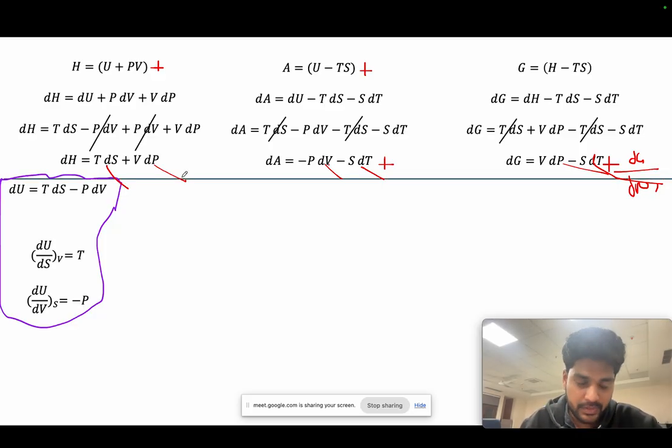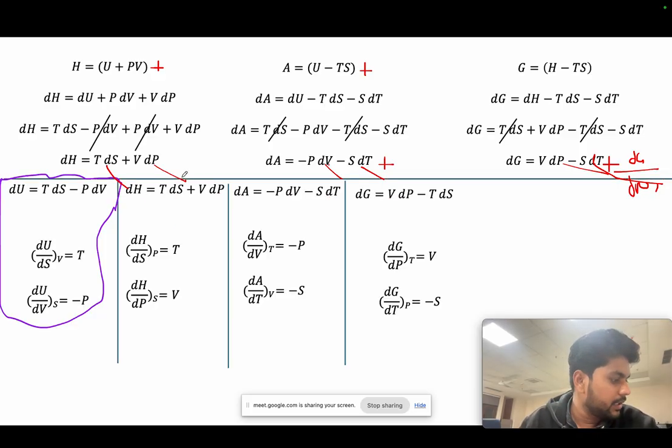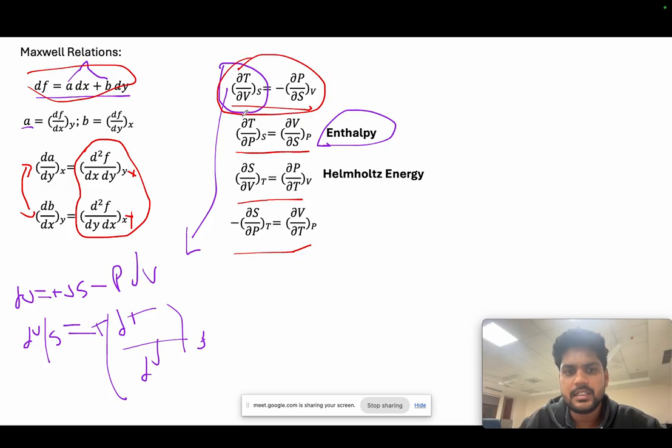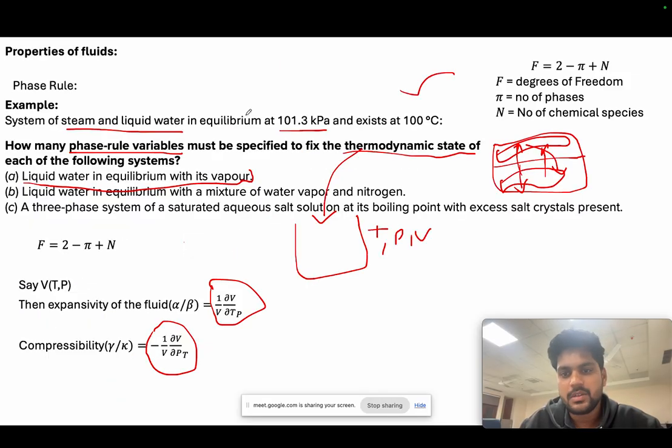And these formulas you will get from the slides, which give you a double derivative. Say initially we have the equation, you need to derive it, and once you have that, you will get this from the internal energy, enthalpy, Helmholtz and Gibbs. Then we have the phase rule.